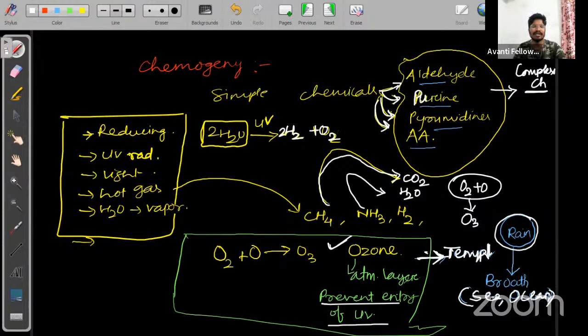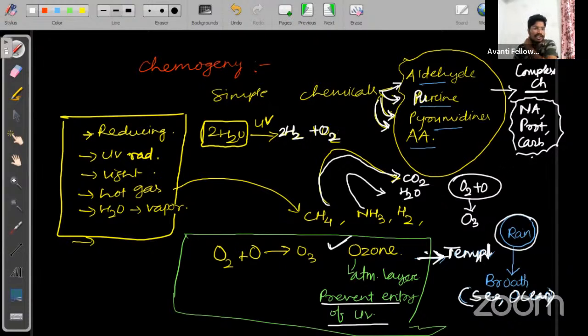Purine, pyrimidine, aldehyde, ribose sugars and all other things combine together and form nucleic acids. Then your proteins, these are complex molecules. Then your carbohydrates. When all these were formed, they combined together to form the first living form. Okay, so I'll be moving to the next slide.